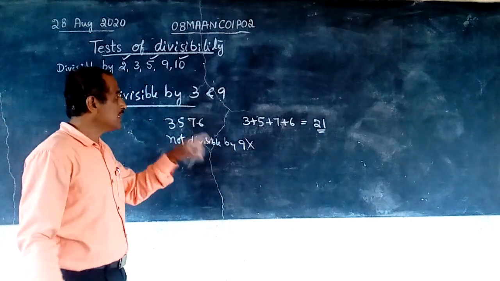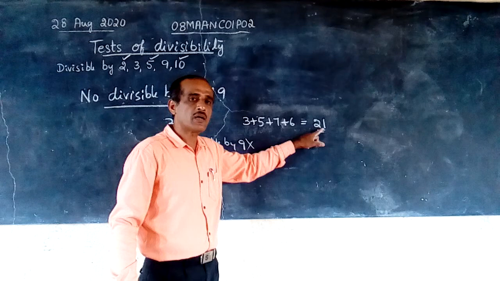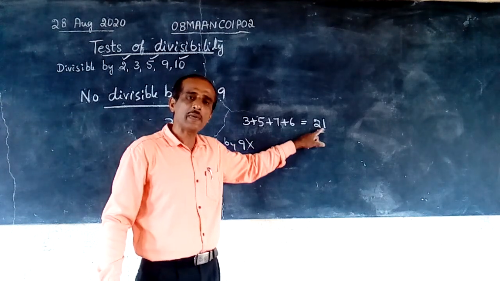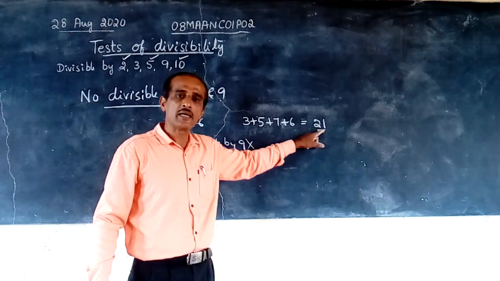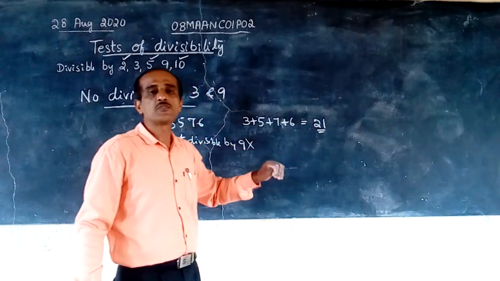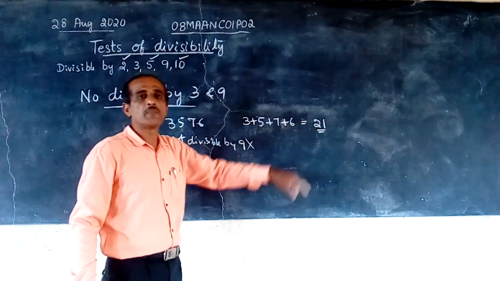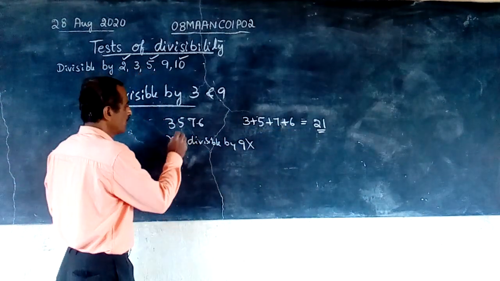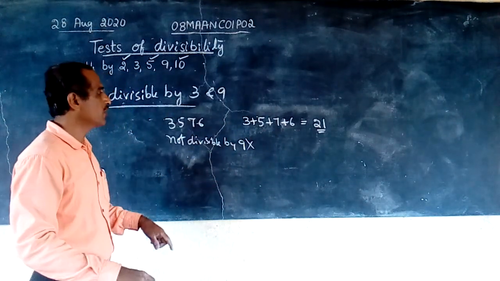Whether this is divisible by 3: what is the sum? 21. Can you divide 21 by 3 completely? Yes. We can divide 21 by 3 completely. How many times? 7 times. 3 sevens are 21. Therefore, 21 divided by 3 is equal to 7.